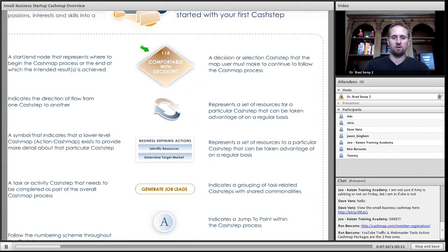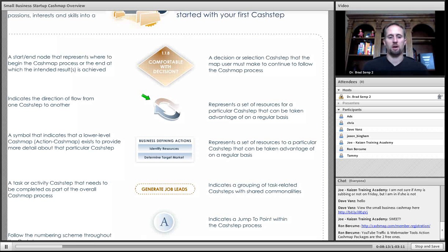If you see one of these decision diamonds here, it means that there's a decision that you need to make as part of the process, and there will be two or more outputs that you have to decide between. This little squirrely circle item here represents a set of resources.